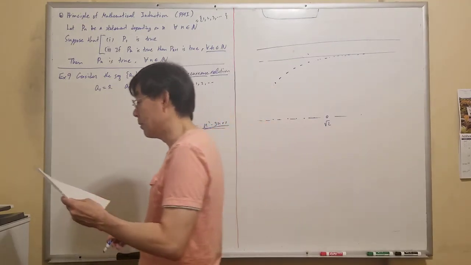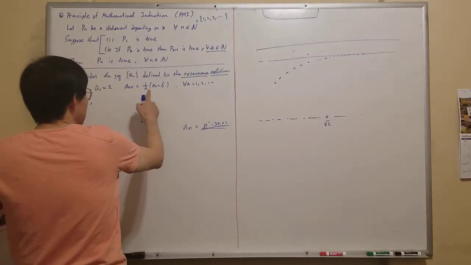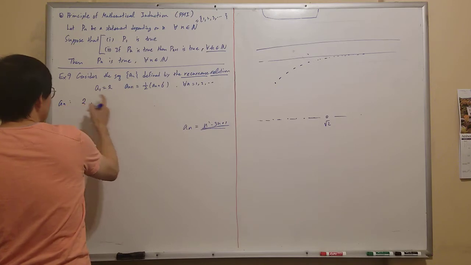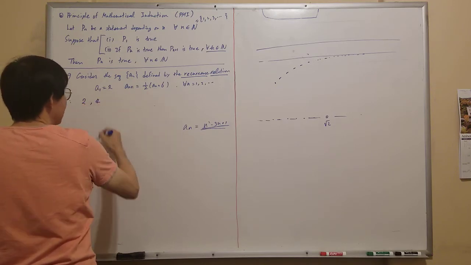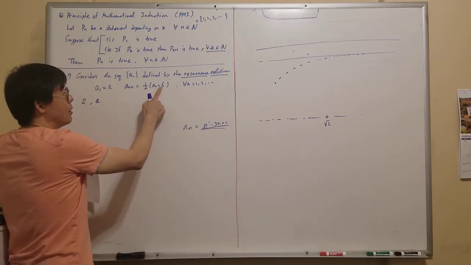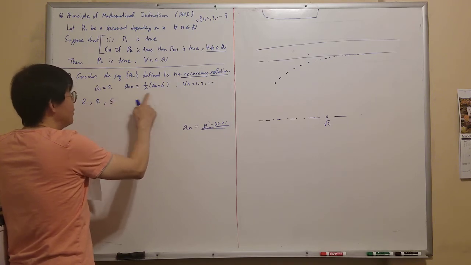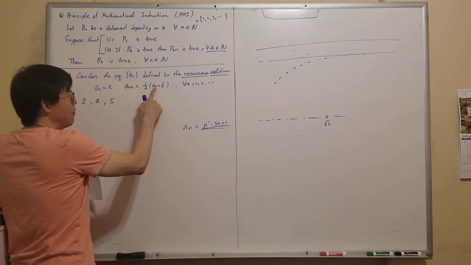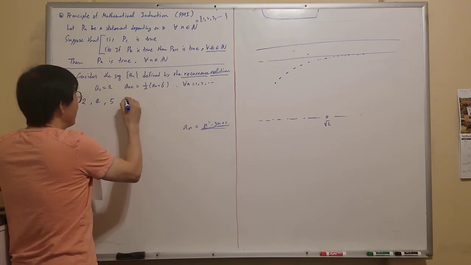So for example, let me give you an example. a_1 is 2, and then plugging in 2, 2 plus 6 over 2 is 4. Now, a_2 equals 4, a_3 equals 5, right? Now, a_4 equals 1/2 a_3 plus 6, which is 5 plus 12 over 2, 11 over 2, right?